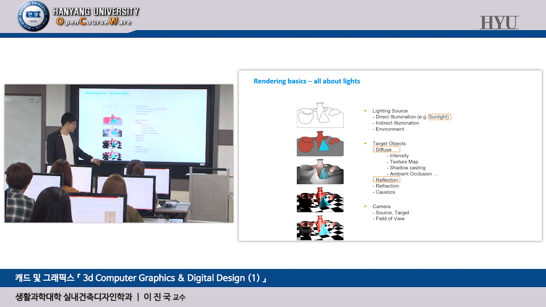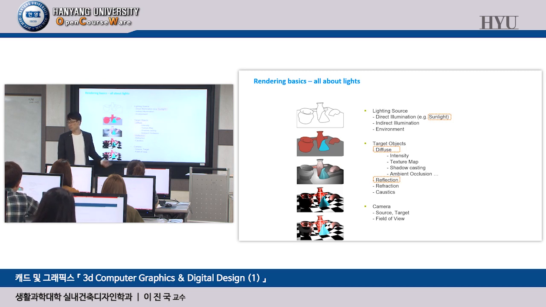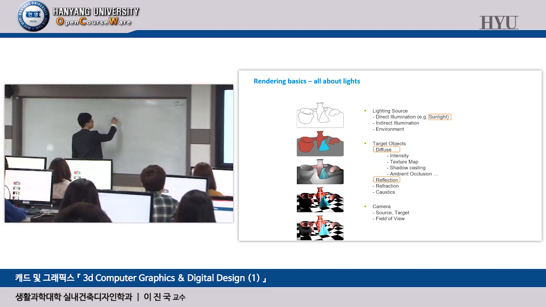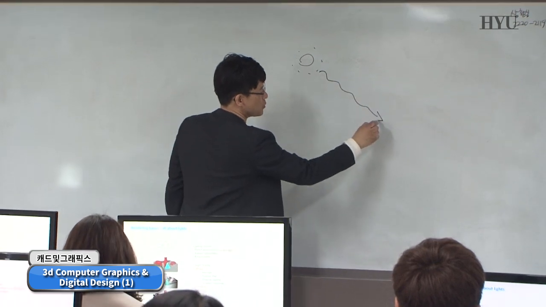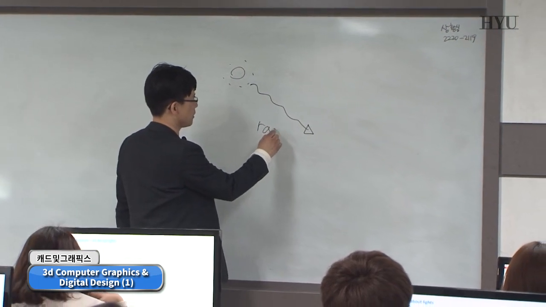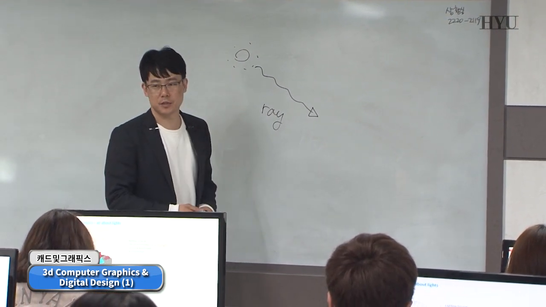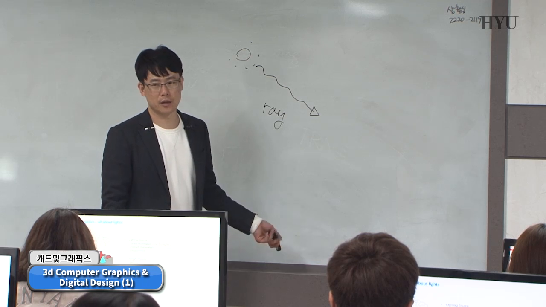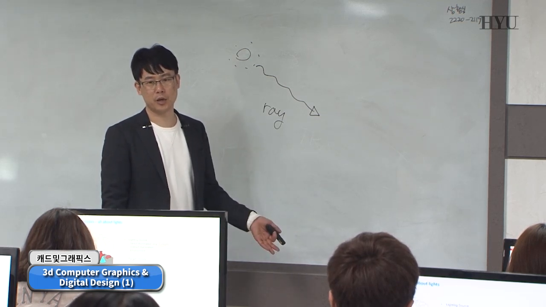And this one has ray trace, okay? What is the meaning of ray tracing? What is the meaning of ray? Sun ray, lighting ray. If there is a sun, there's supposed to be some type of ray, okay? This is a ray. What is the meaning of trace? Trace means track, following, tracking, okay?